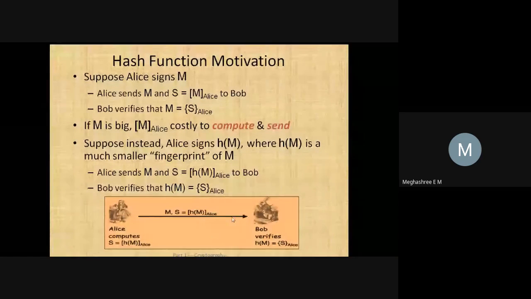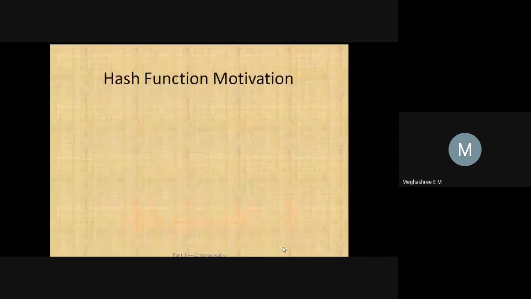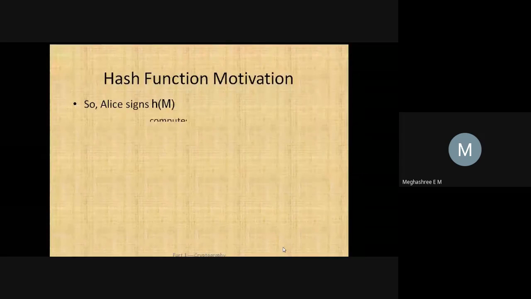You can see Alice computes s, performing the hash function on the message, and it is sent to Bob. He verifies at his end and retrieves the message sent by Alice.